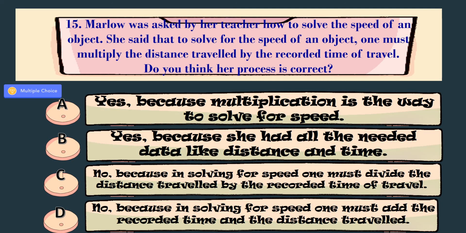C. No, because in solving for speed, one must divide the distance traveled by the recorded time of travel. Or D. No, because in solving for speed, one must add the recorded time and the distance traveled. Congratulations, you got it right. That is letter C. So we are done with our assessment.